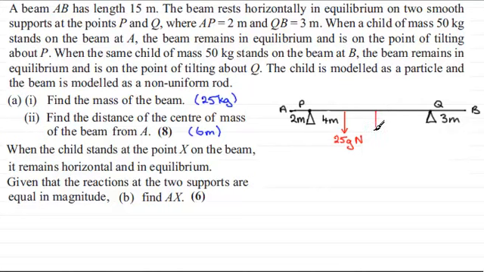We'll just put the weight of the child in, and the mass was 50 kilograms, so the weight is now going to be 50g newtons. And that means when the child is standing at this point here, X, the two reactions on these supports are exactly the same. So we'll put those reactions in and I'll just call them R. That'll be R newtons there and R newtons there.